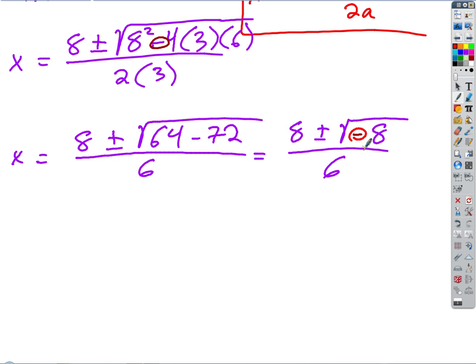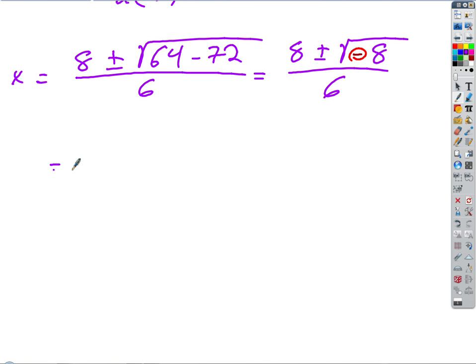The square root of 8 equals the square root of 4 times the square root of 2, and the square root of 4 is just 2. So we end up with our answer being 8 plus or minus 2 times the square root of 2, and then we've got an i, and it's all divided by 6.